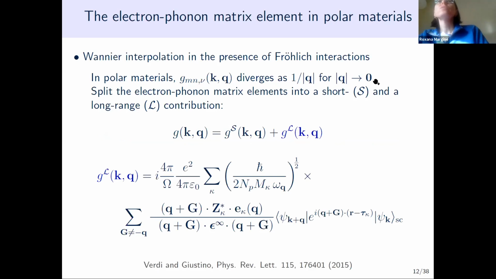To deal with this problem, we have to split the electron-phonon matrix elements into 2 parts: a short-range contribution, which is dealt with using the standard Wannier interpolation, and a long-range contribution, which is dealt with analytically.